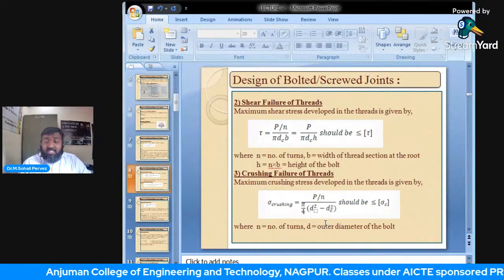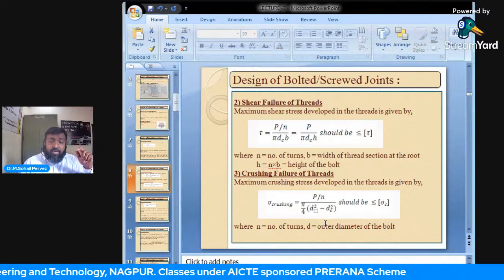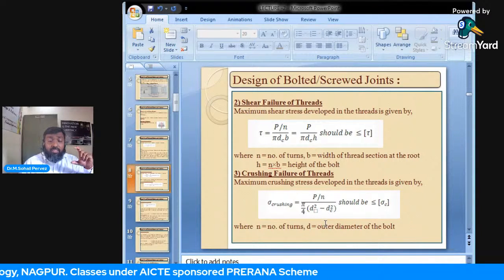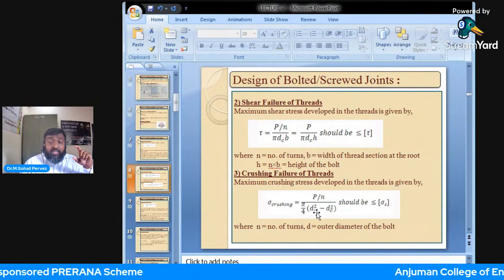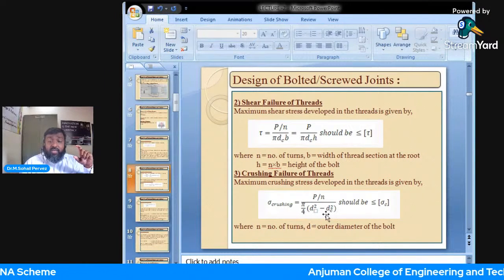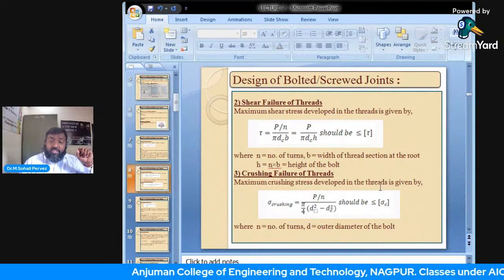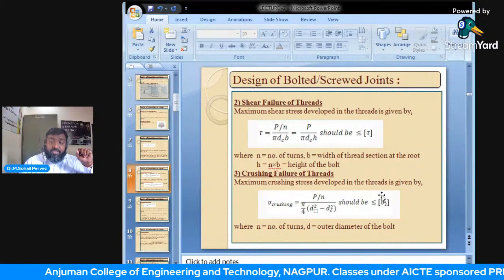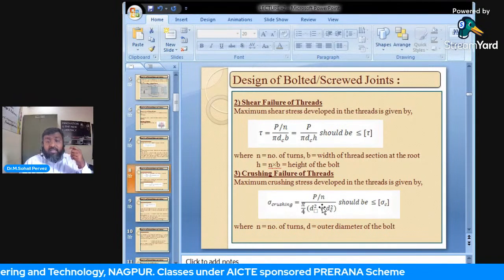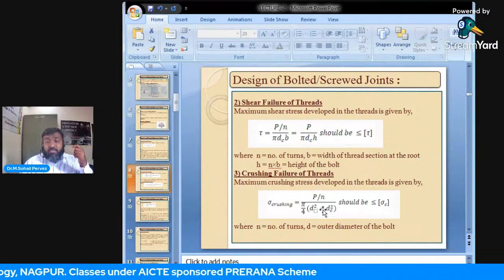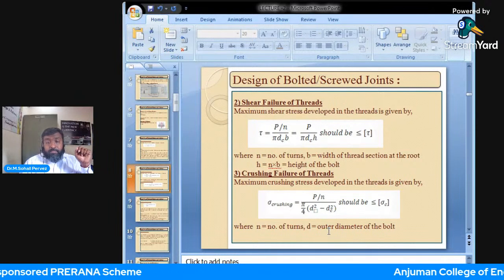This crushing stress will act between the nominal, that is the major diameter, and the root or minor diameter. That's why the area covered is pi by 4 (dO square minus dC square). And obviously, everywhere it should be less than the permissible value of shear stress, crushing stress, etc., where N is the number of turns. So this is how we will do it.